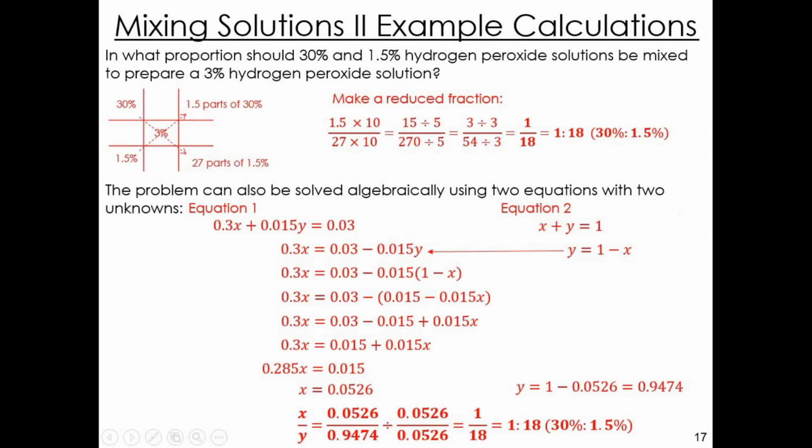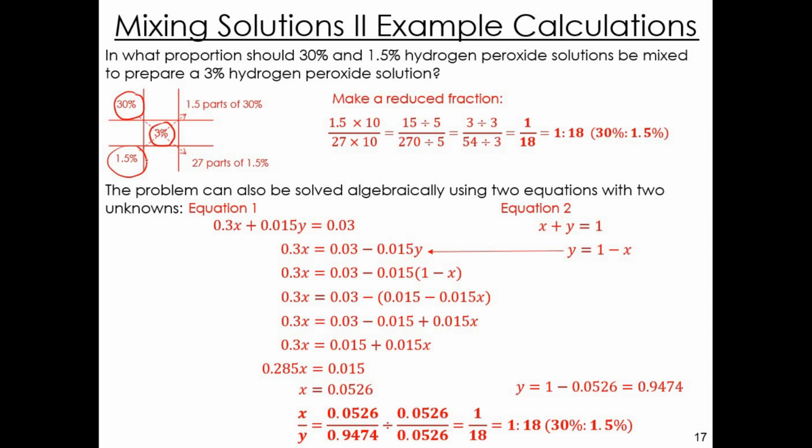We can see this in action with the example where we ask, in what proportion should 30% and 1.5% hydrogen peroxide solutions be mixed to prepare a 3% hydrogen peroxide solution? And so the desired concentration in this example is 3%. It goes in the middle. The concentration that's larger than that is 30. The one that's smaller than that is 1.5.